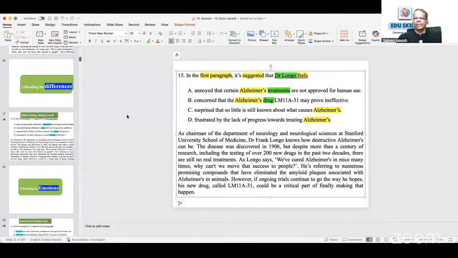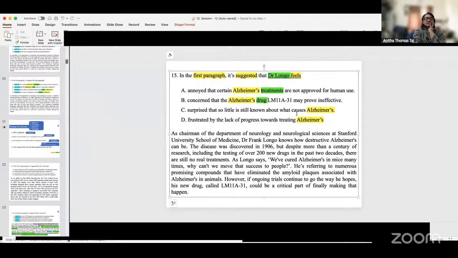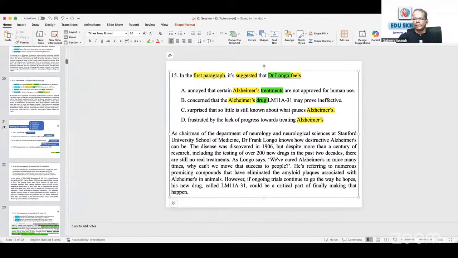Third, option C: surprised that so little is still known about what causes Alzheimer's. Causes, cause.